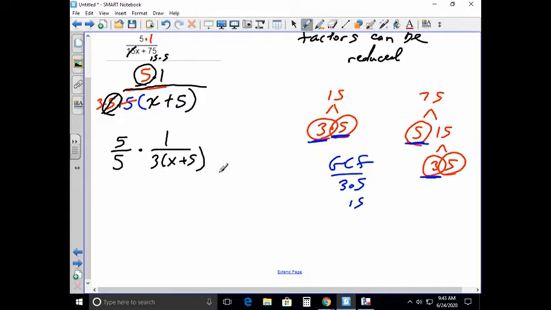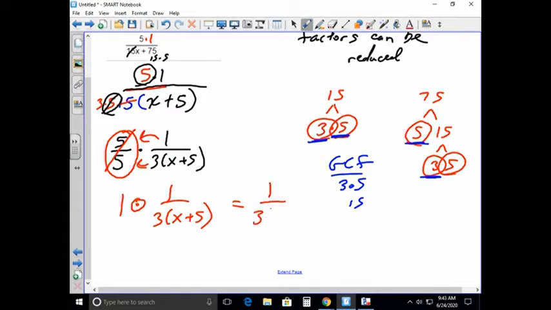So they illustrate this so that we can see, well, what is 5 over 5? 5 over 5 is 1. So if we have the same factor on top and bottom, when we pull that factor out front, anything divided by itself makes 1. 1 times anything is itself.